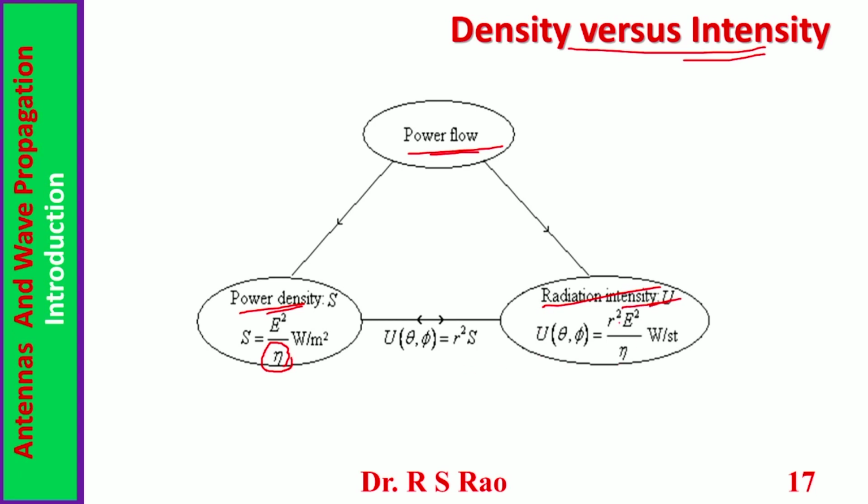Radiation intensity is r squared E squared by eta, where r is the radial distance. These two are related: U is r squared S. Intensity is r squared times density.